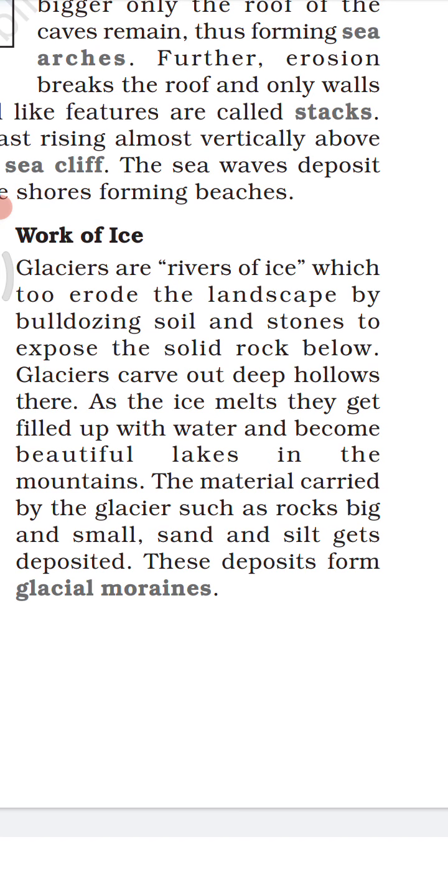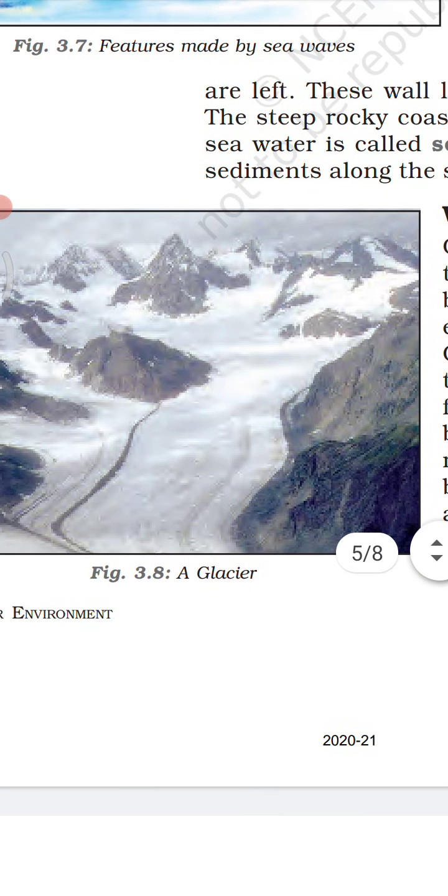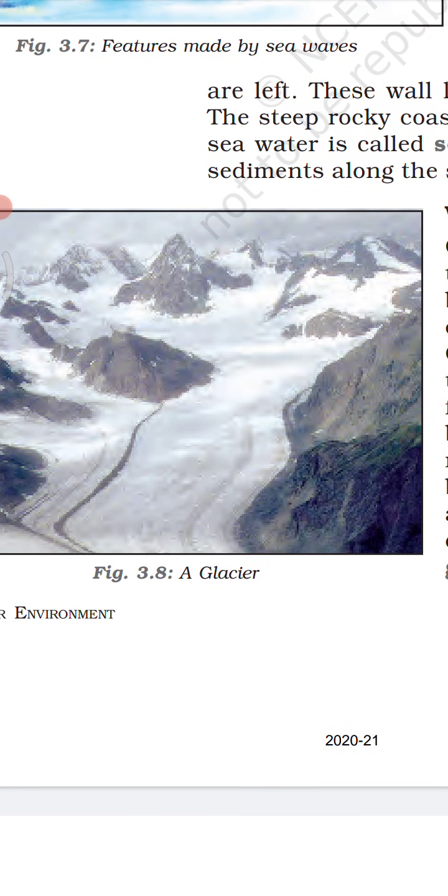When these rivers or blocks of ice move from one place to another, they erode all the rocks on the way and break them down. Glaciers carve out deep hollows. As the ice melts, they get filled up with water and become beautiful lakes in the mountains. Now see, these are the glaciers.